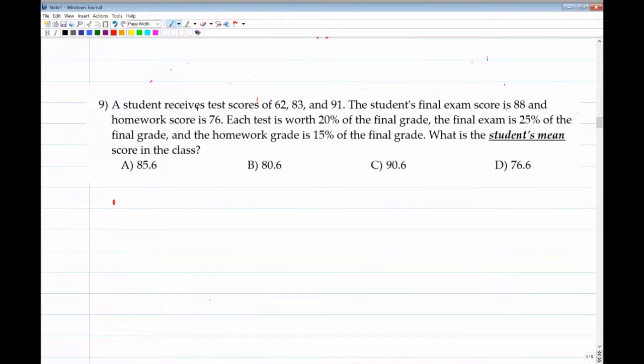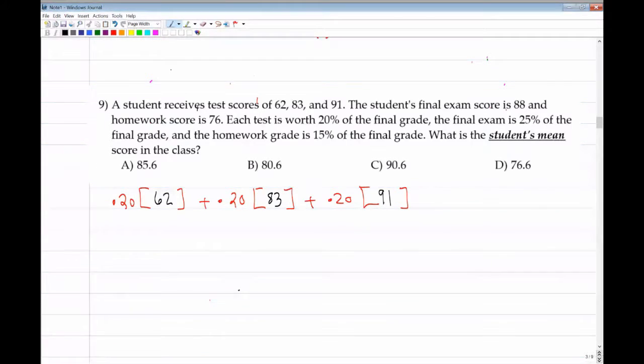So we'll go to the first one, 20% times the first test, plus 20% times the second test, plus 20% times the third test, since we have 3 tests. So I fill in the tests, which are 62, 83, and 91. The final exam is 88.